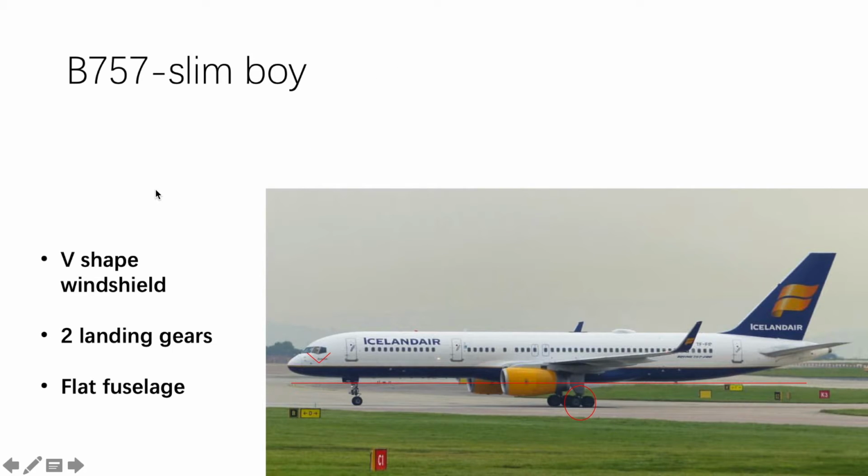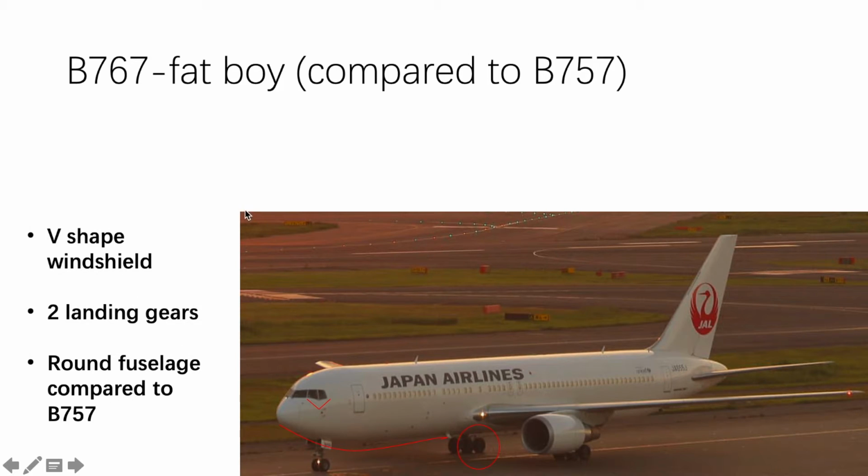For Boeing 757, I call it a slim boy, because you can see the bottom of the fuselage is flat, and it also has a V-shaped windshield and two pairs of landing gears. Compared to Boeing 757, 767 is a fat boy. It has a round body, also has a V-shaped windshield and two pairs of landing gears.